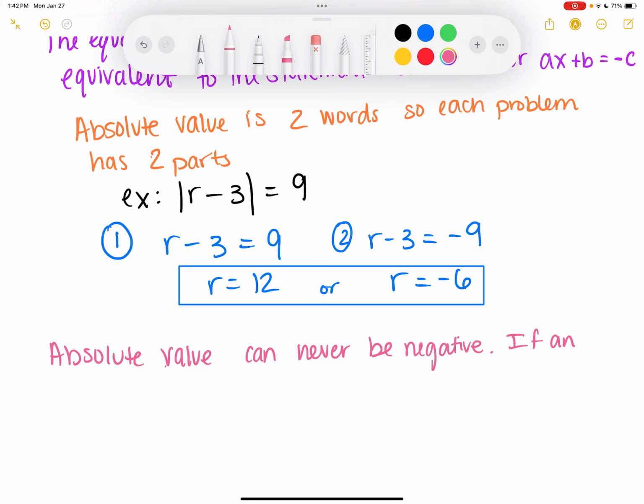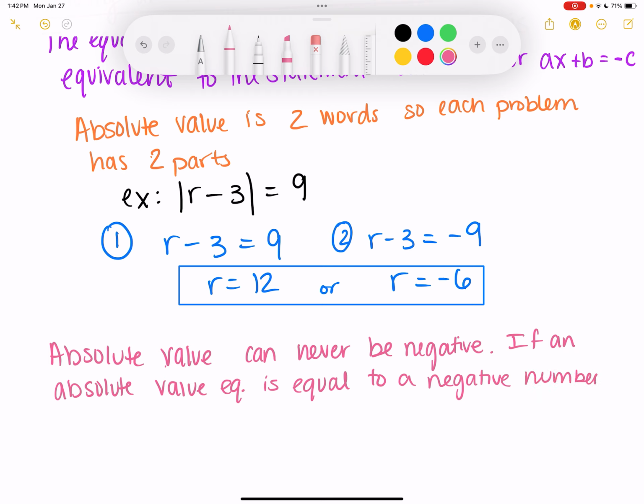If an absolute value equation is equal to a negative number, then the answer is no solution. So that's why I said up here, this could not have been a negative 9 to start with, because that wouldn't even mathematically be possible.